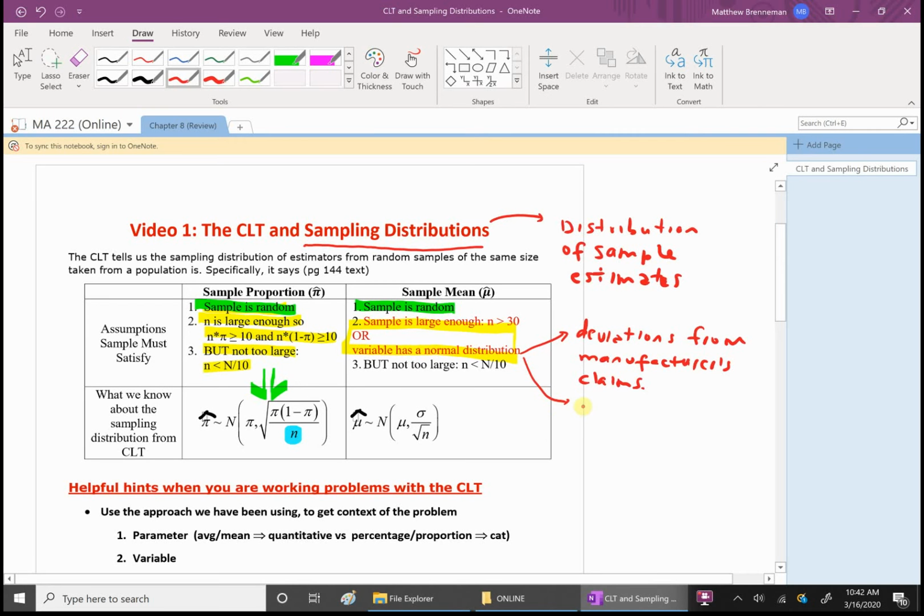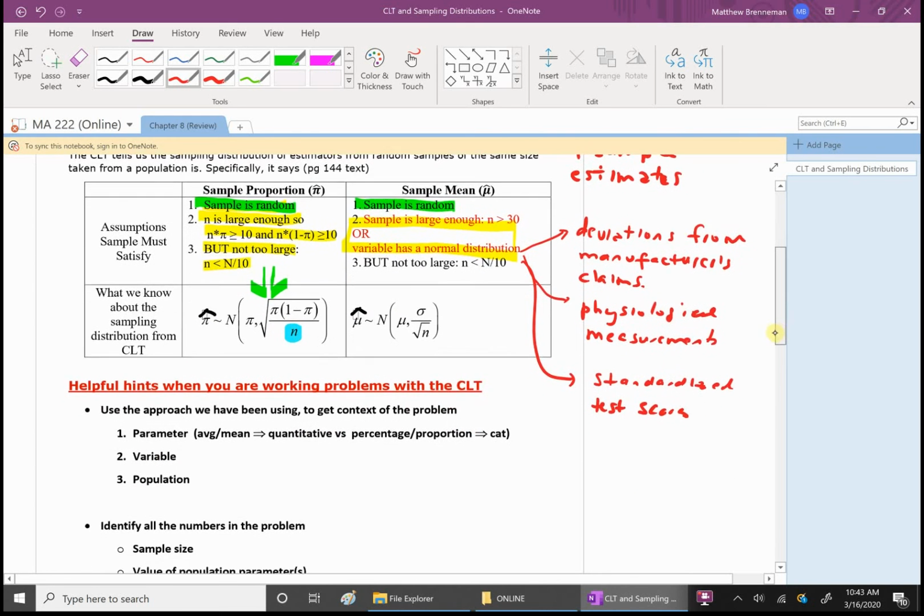Physiological measurements. So blood pressure, height, weight, things of this nature. And finally, standardized test scores. So this includes IQ, GRE, SAT, etc., etc.